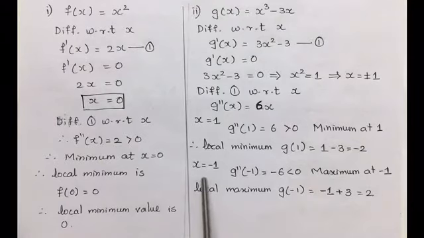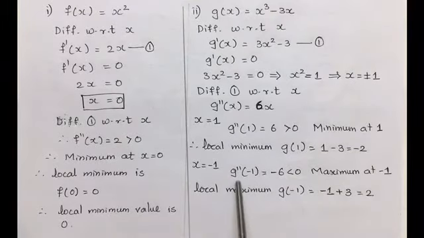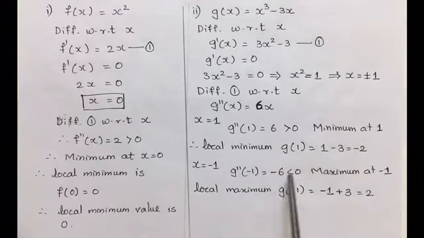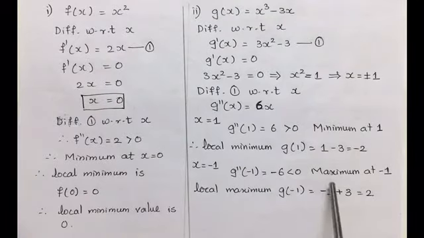Now the second value of x is minus 1. Keeping x as minus 1 in the second derivative, g double dash minus 1 is equal to minus 6, which is less than 0 as it is negative. So if the second derivative is negative, it will be maximum at minus 1.